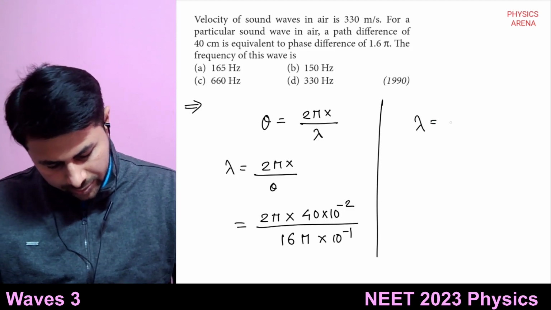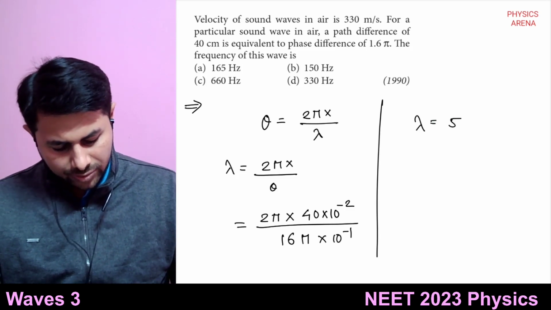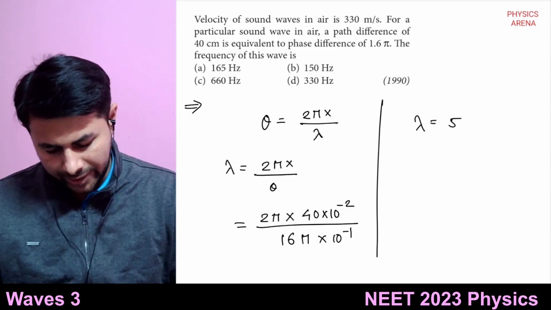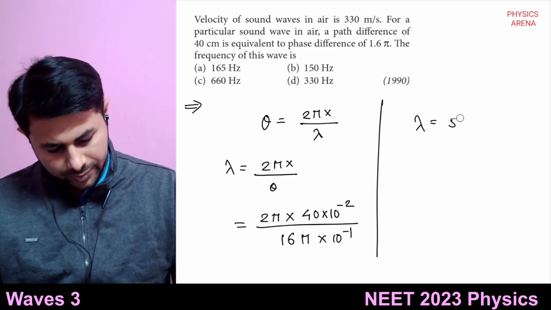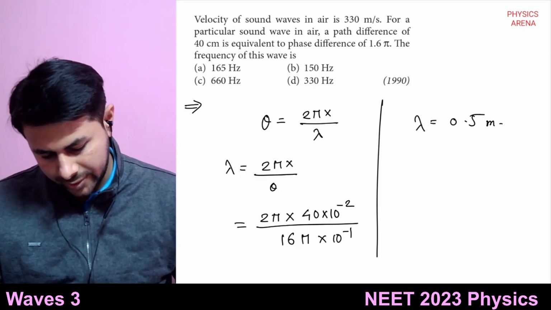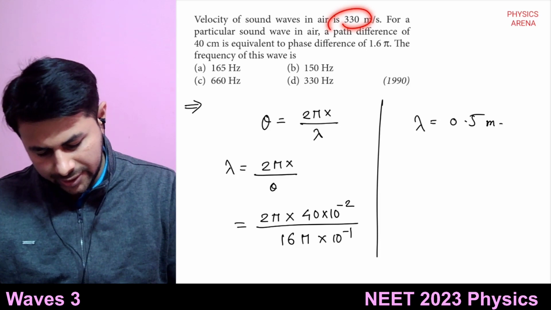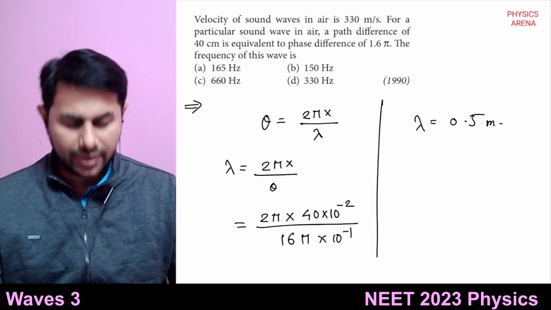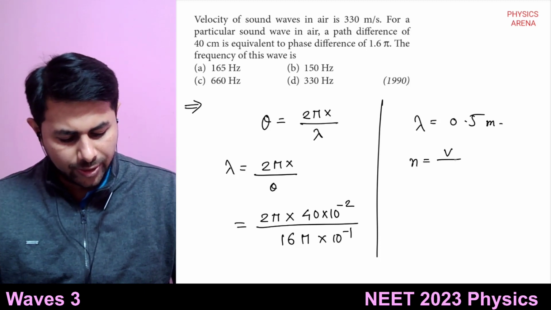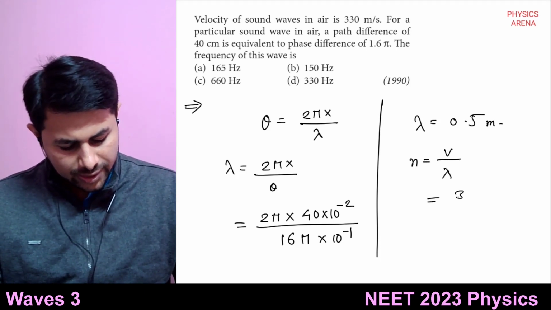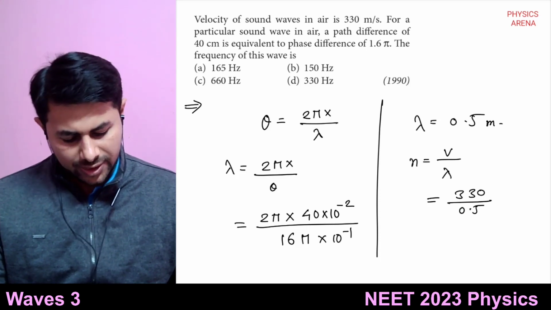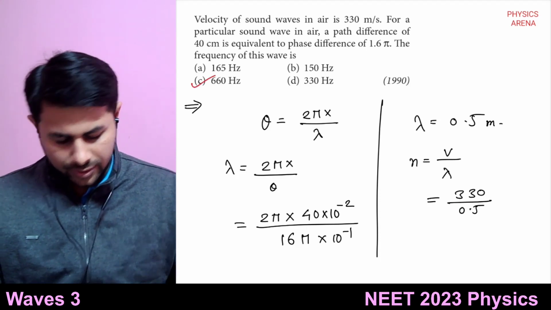You get lambda equals 5 multiplied by 10 raised to minus 2 plus 1, so 0.5. So lambda equals 0.5 meters. Speed is given, it's 330 meters per second, and you want the frequency. So n is equal to v upon lambda, that is 330 divided by 0.5. So it is 660 hertz.